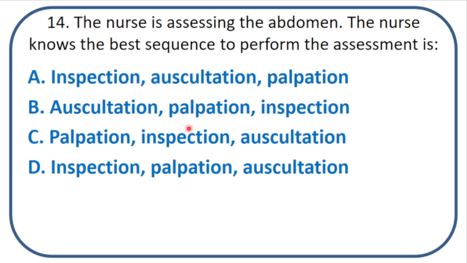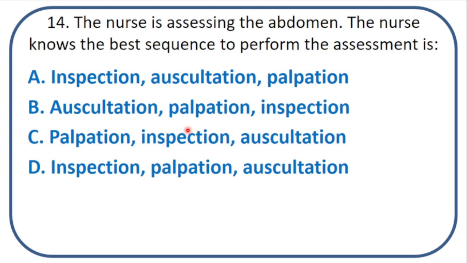Otherwise, if we do palpation first, it may cause increased bowel movement or abnormal readings during auscultation, or give false readings in further examination. So first is inspection, that is observation, then auscultation.